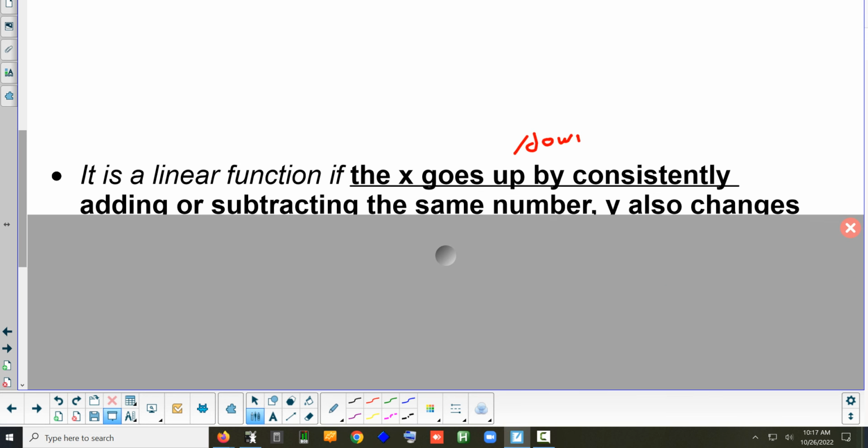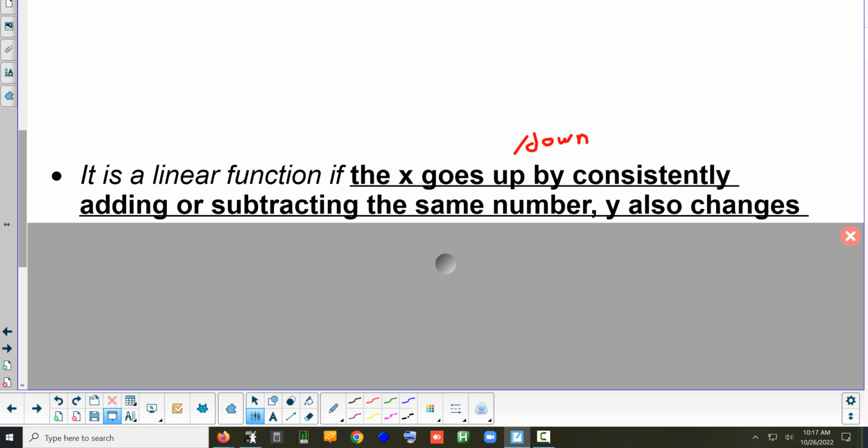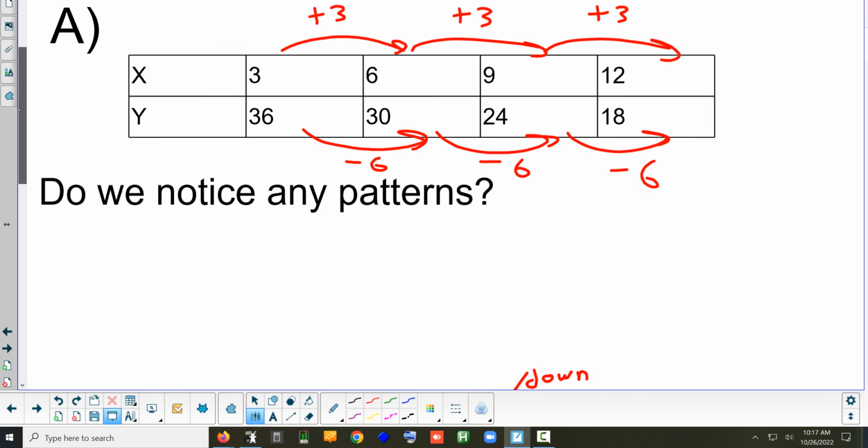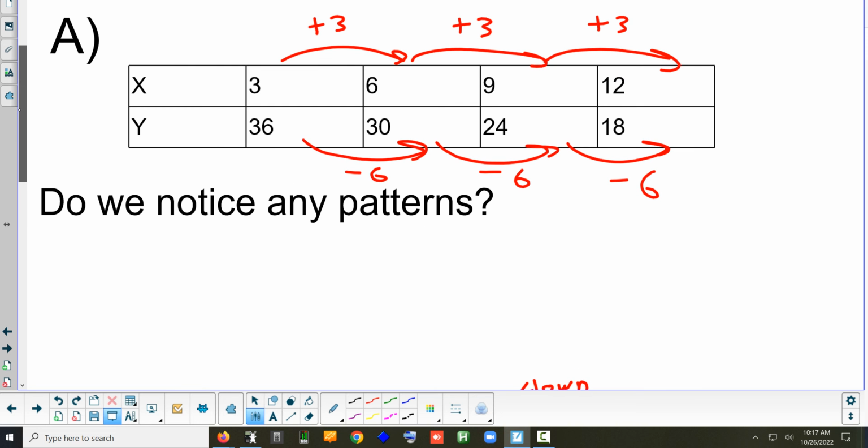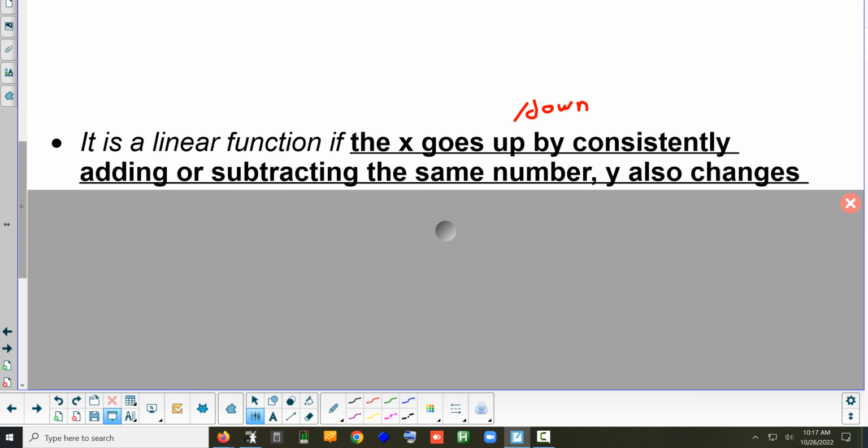So I'll just add that in. The x's could be going up, or they could be going down, but the pattern has to be addition or subtraction by the same number. So in our case, it was a +3, a +3, and a +3. Perfect. So that's good. Okay, we have to check that first.